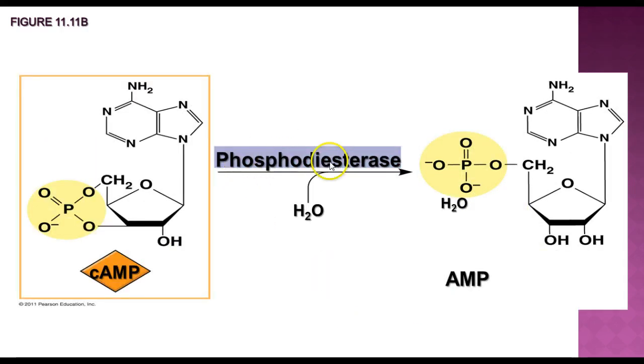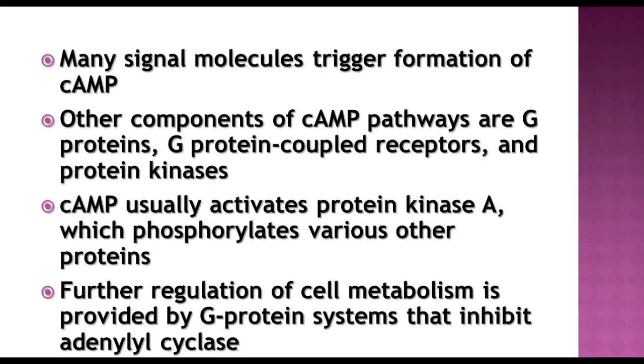Then phosphodiesterase can remove that ester bond and turn cAMP back into regular AMP, which can then be rephosphorylated in various processes to produce ATP again. A lot of signal molecules trigger the formation of this, and then there are other parts of the pathways like G proteins and GPCRs and so forth.